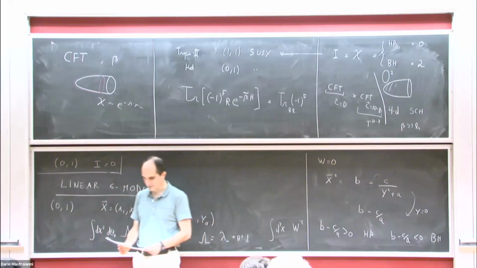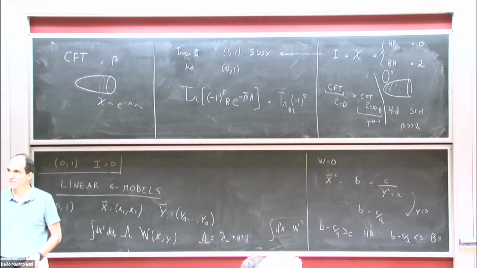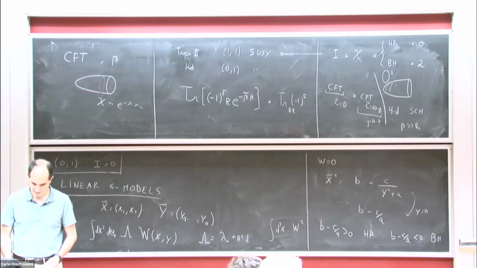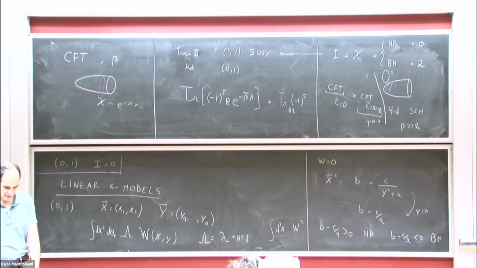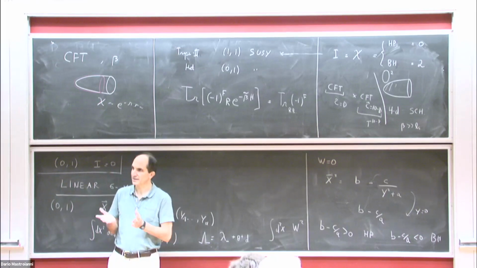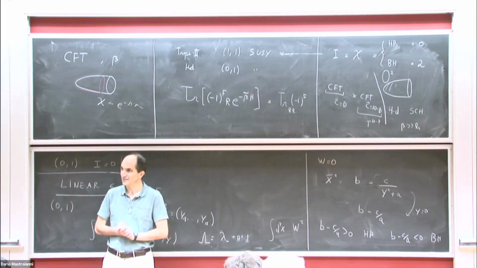Can I ask, when you're on the Horowitz-Polchinski side, as you vary b, the low energy CFT is changing. Yes. But if you go to the other side, as you vary b, is it always the same low energy CFT, because black holes are sort of universal? Both solutions are parameterized by just one scale, and they scale in a simple way.